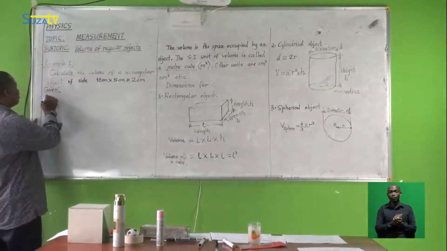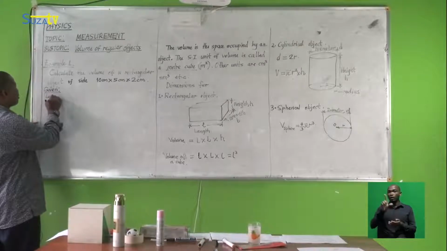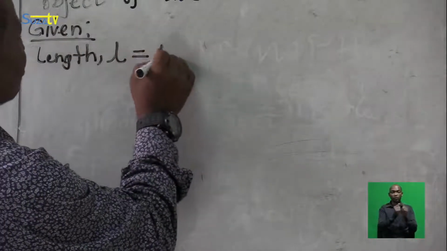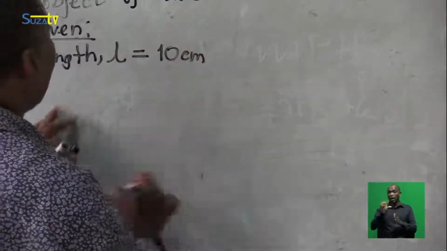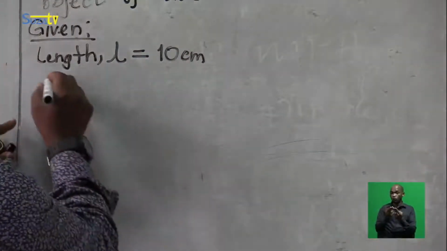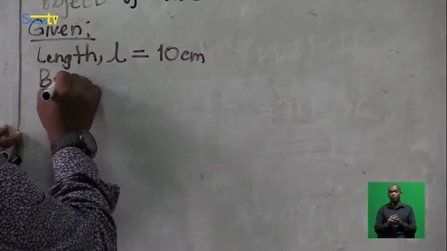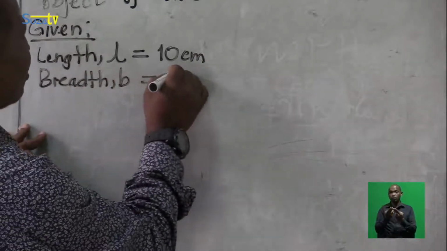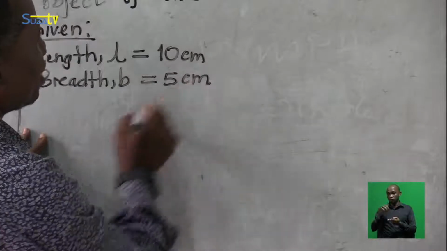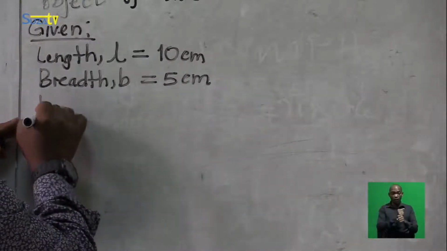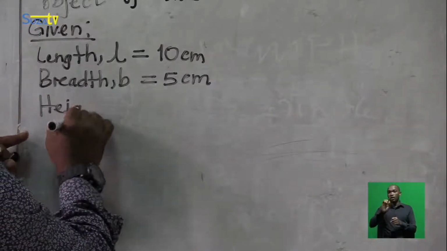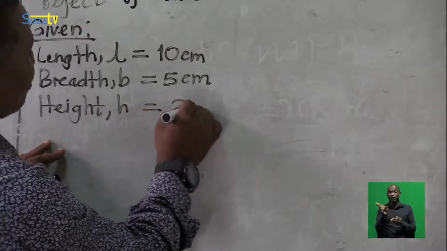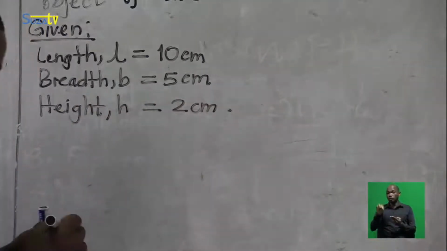So we have length, L, which is equal to 10 centimeter. After that, we have the breadth, B, which is equal to 5 centimeter. And then we have height, H, which is equal to 2 centimeter.